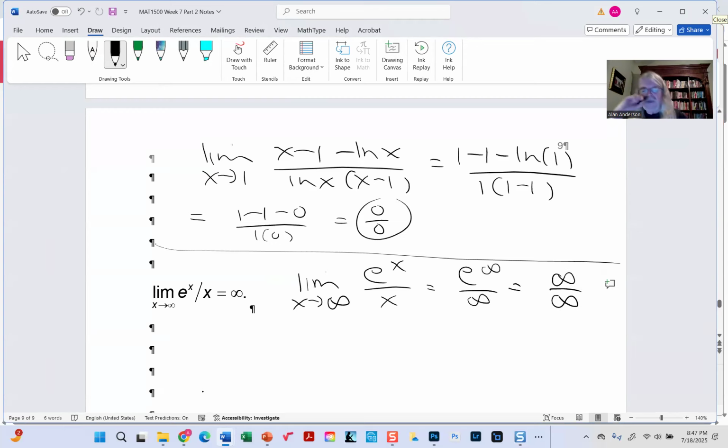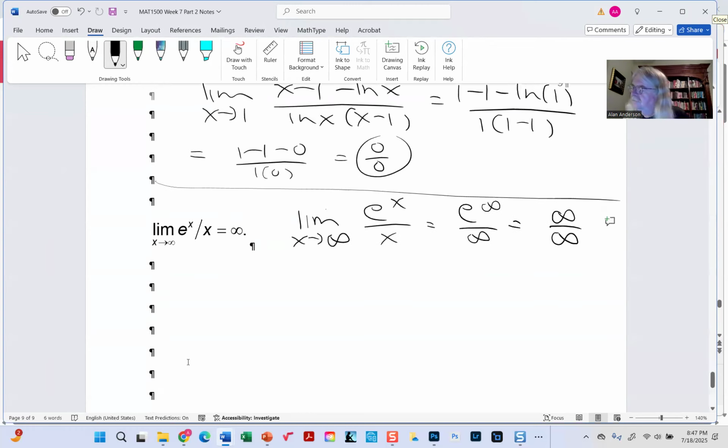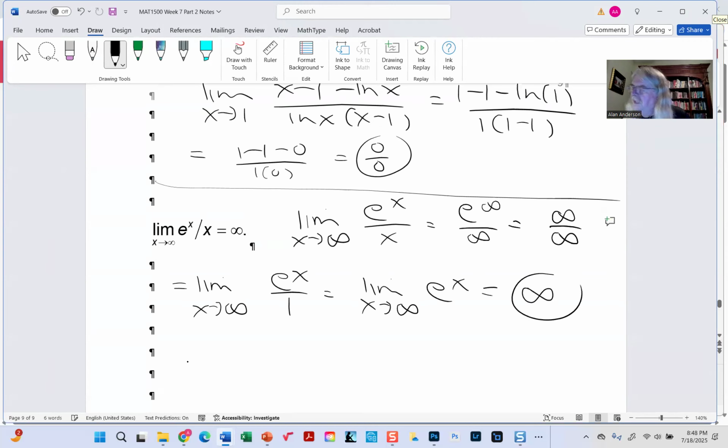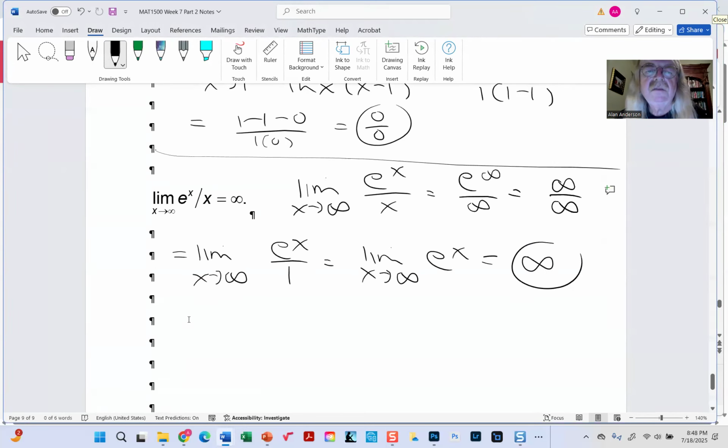Well, all right then. So that means we can use L'Hopital's rule. It's just infinity.